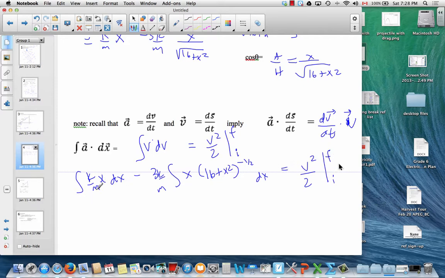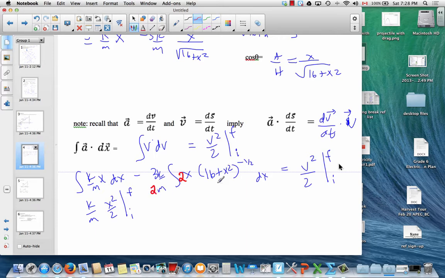Now this is a very easy integral to do. K over m is a constant, and the integral of x is just x squared over 2 from initial to final. This looks nasty, but if you call this v, then its derivative will just be 2x. So I can fudge that by putting a 2 here, and then balancing it by dividing by 2 out in front.